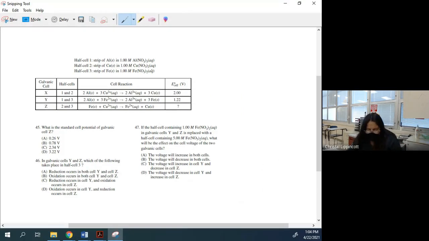So when we go through this, when we look at this cell here in Z, if we look at the iron here, I'm sorry, not the iron, the copper here. The copper is doing the same thing. So that's a 2+ going to copper.